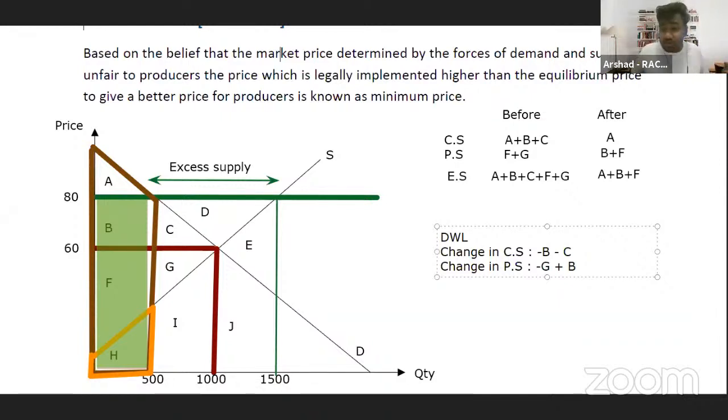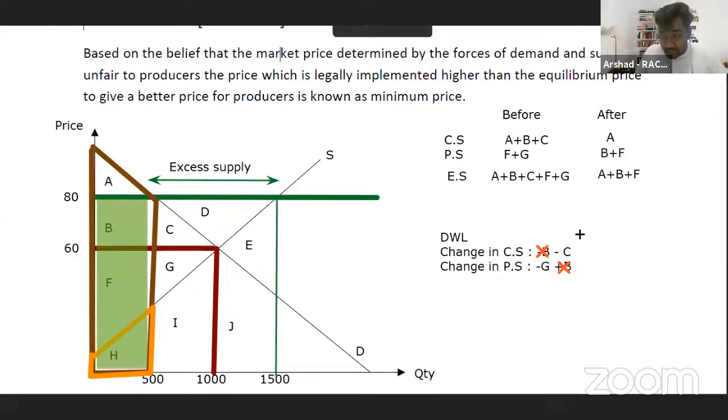He's getting B, but he's losing G. Now cut off things, guys. So consumer is losing the B, producer is getting that B. That is not lost. This guy is giving, that guy is getting. But if you look at the C and the G, consumer is losing the C, producer is losing the G, no one is getting. That becomes the deadweight loss.